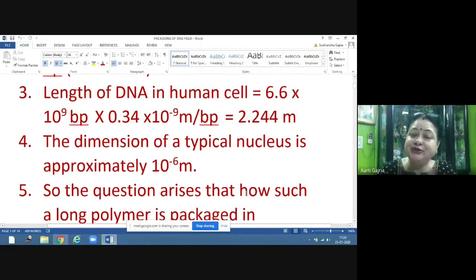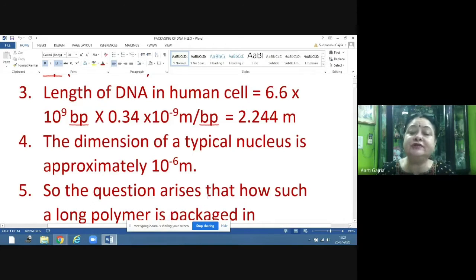And the dimension of a typical nucleus is approximately 10 raised to the power minus 6 meters. So how is it possible that such a long strand of DNA is present in the nucleus? That is a big puzzle to be solved.